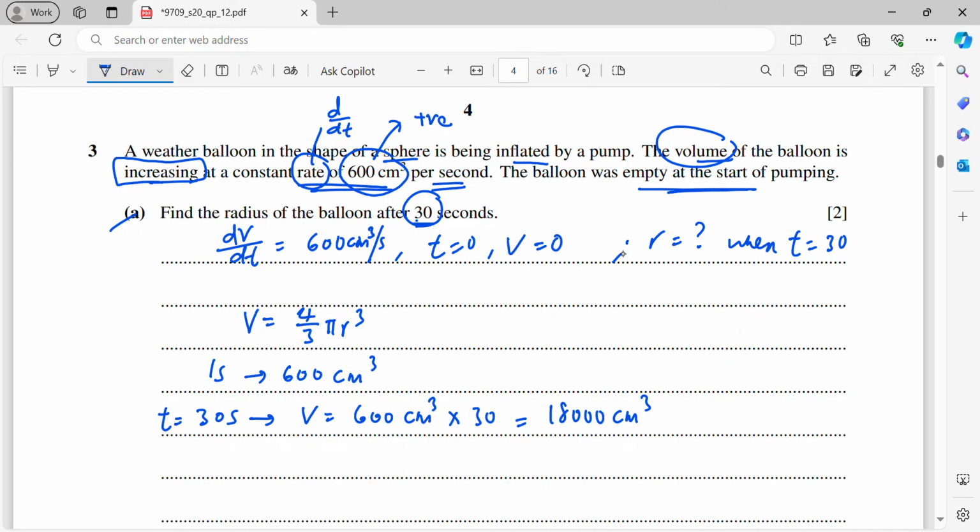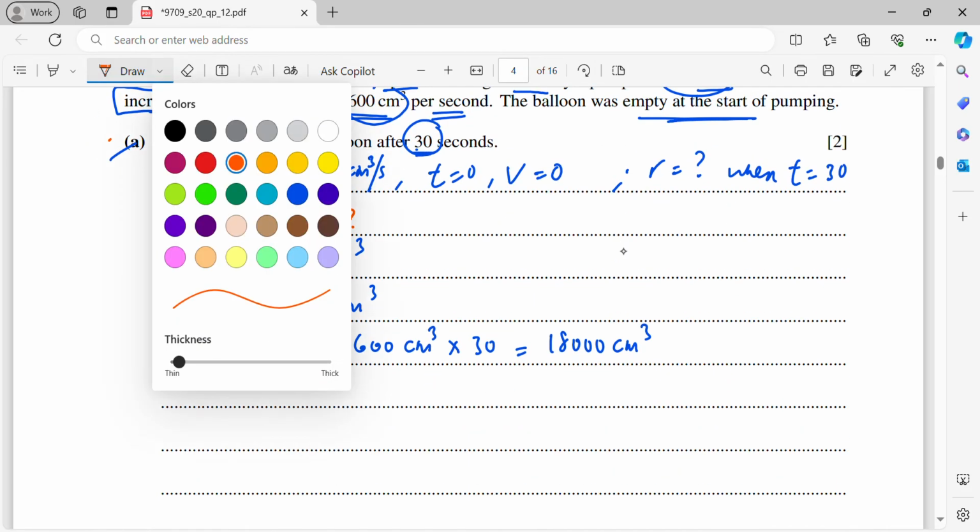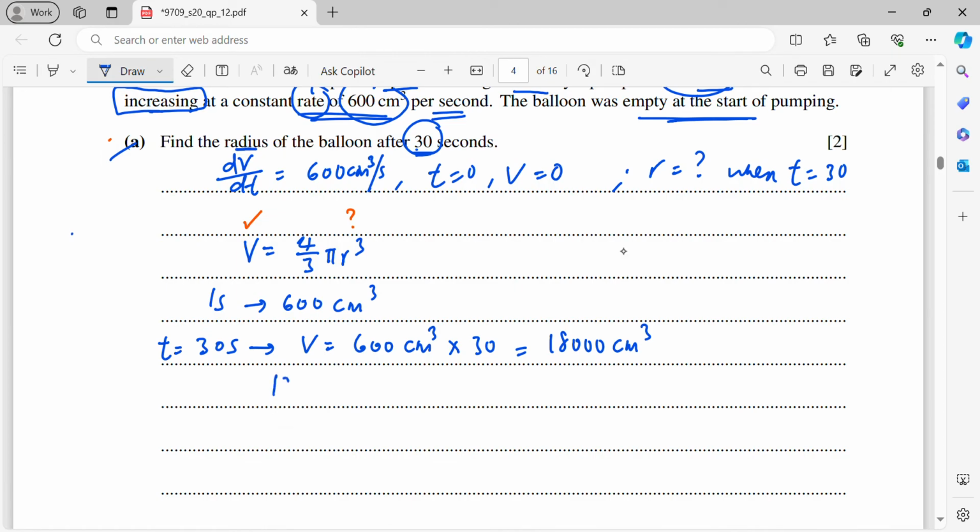Now the question asks for radius. So I have found the V, the r is unknown, therefore I can just substitute into this formula. V is found, r is unknown. So I will write 18,000 equals 4 over 3 pi r cubed.